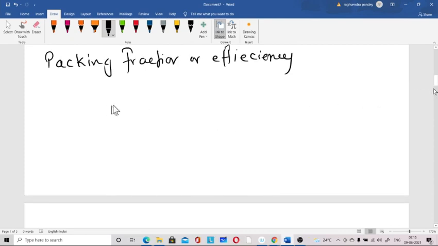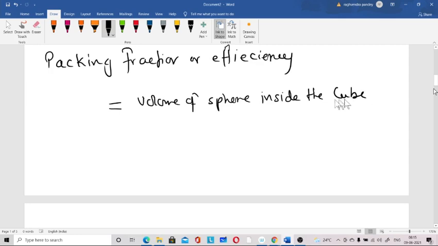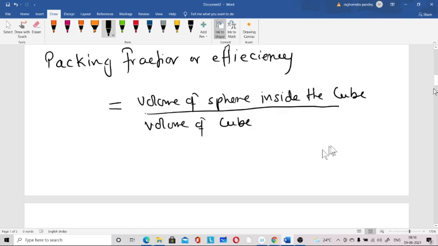It is the volume of sphere inside the cube divided by volume of cube. Okay, so that is our packing efficiency.